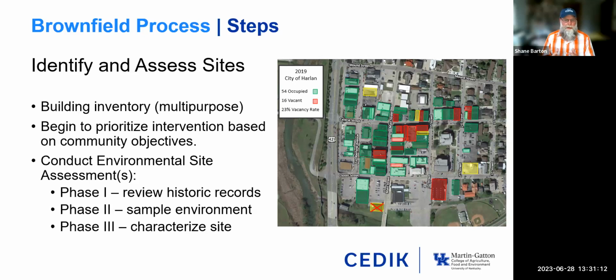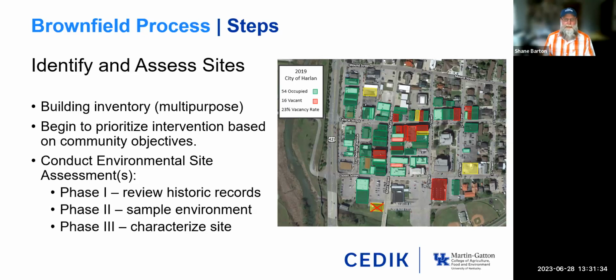So you can see there all of those red buildings they noted as being vacant. The green buildings had an active or occupied use, and they were really able to use this map to start to direct investment, to seek out a variety of grants, but also work with those building owners to help transition from vacant to occupied uses.